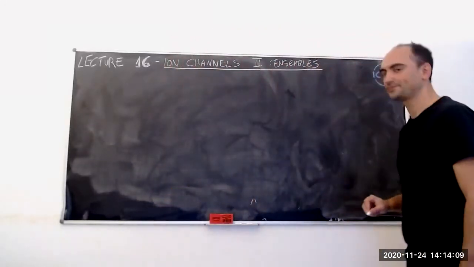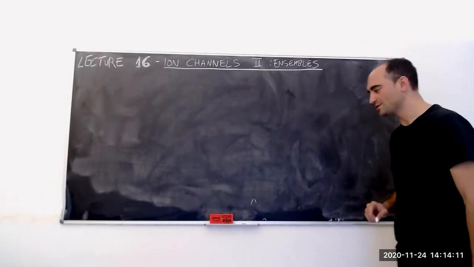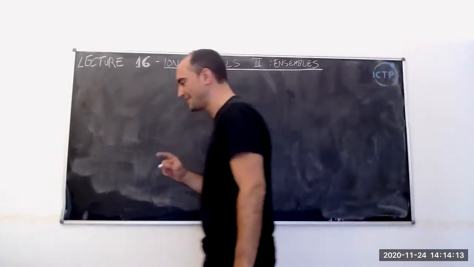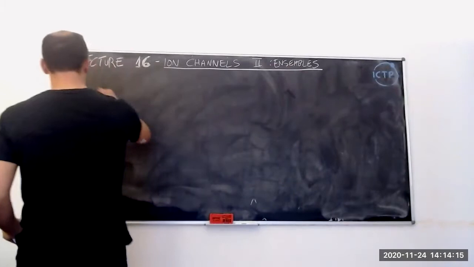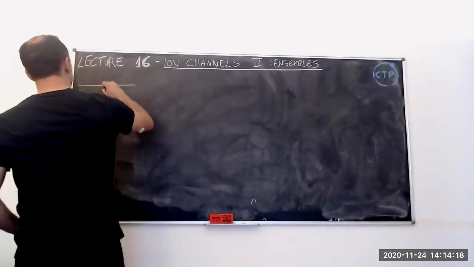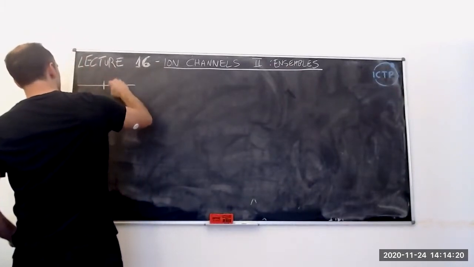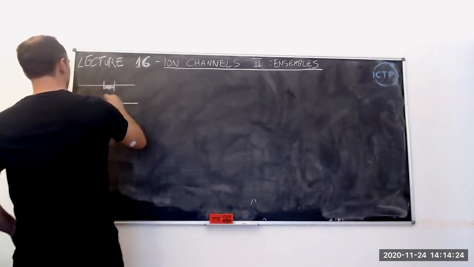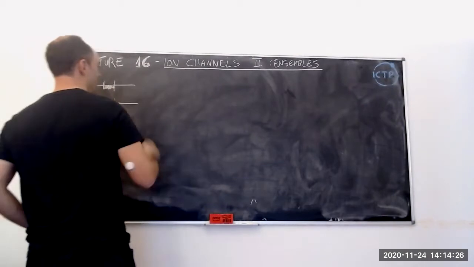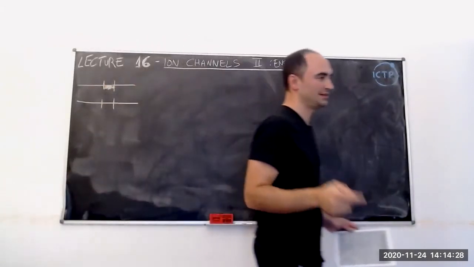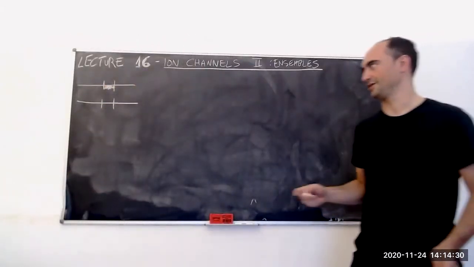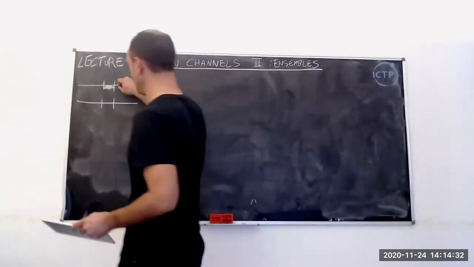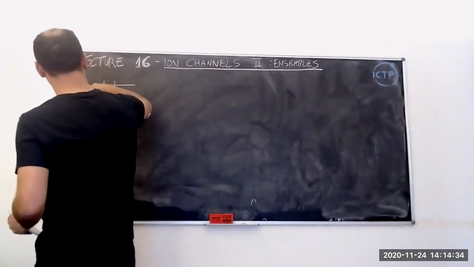So remember, my previous class was on models for a single ion channel. I was always thinking about a channel that is either closed or open, and this opening and closing occurs stochastically. So it was the world of a single ion channel.